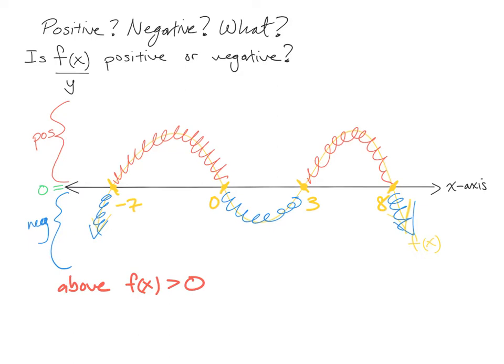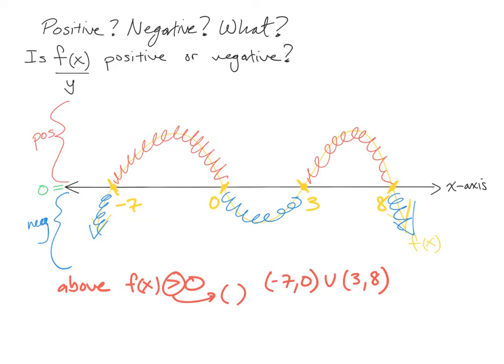The y values have to be greater than 0 to be above the x-axis. Okay, so that being said, we have to remember that this symbol means we will be using parentheses. So that just means between -7 and 0, it's above the x-axis, and between 3 and 8, it is above the x-axis. Pretty straightforward, not too hard.